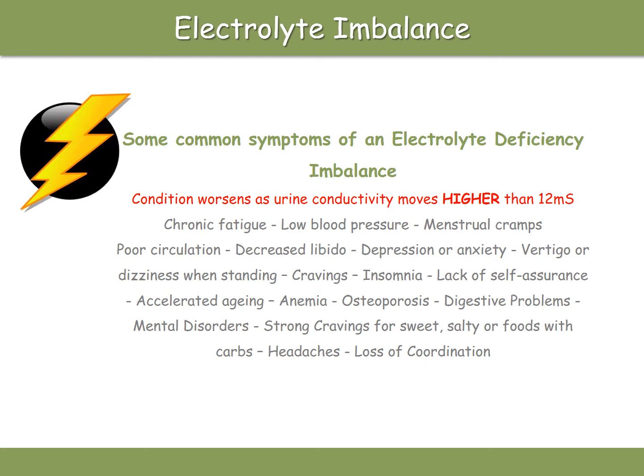You can see some of the issues here: chronic fatigue, low blood pressure, decreased libido, cravings, insomnia, anemia, osteoporosis, digestive issues, mental disorders. You can see there's an enormous range of issues that can occur because of the electrolytes.